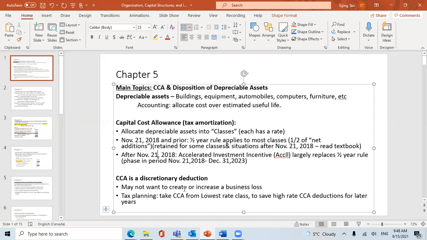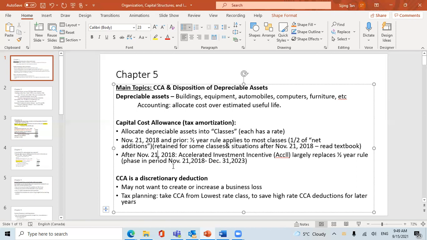This kind of situation will apply to your after-chapter assignments. In our chapter 5-1 assignment, part B, after you calculate the max CCA for the company, they ask you as an advisor to indicate how much CCA you would advise the company to take for the taxation year, and the specific classes from which it should be deducted. That question is aimed at this tax planning strategy.